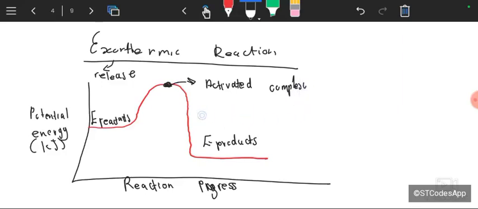We must understand that every time we go from where we start to the activated complex, we call that the activation energy. And from the energy of the product to the energy of the reactant, that over here is the change in enthalpy. That's what you must know, the notes that you must be able to take out by yourself.